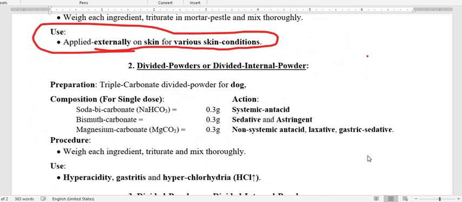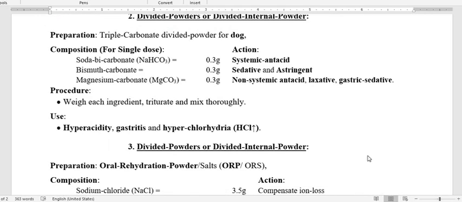Now we have to go through two more preparations, and these two come under the example of divided powder. So what is divided powder? There are two types of powder, divided powder and bulk powder. Divided powder is mainly for internal use, whereas bulk powder is used both externally and internally. Externally, bulk powder is called dusting powder, that is medical and surgical dusting powder.